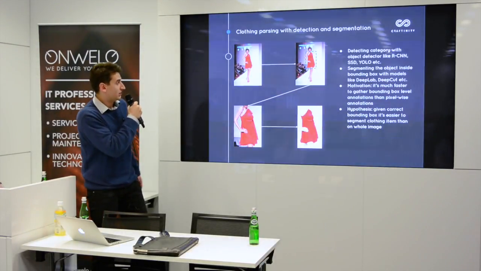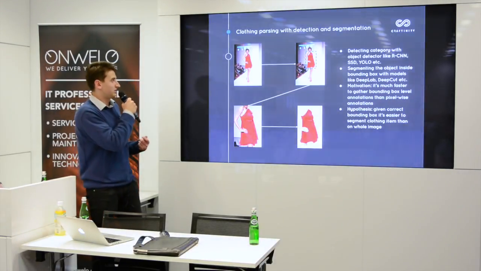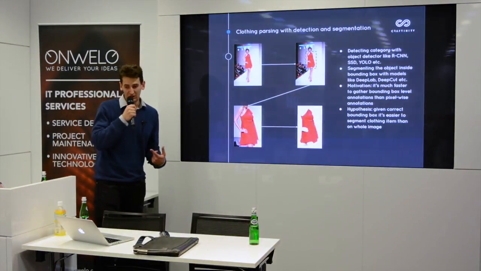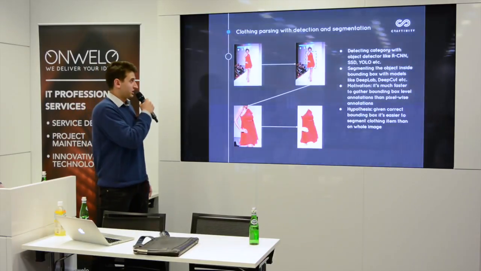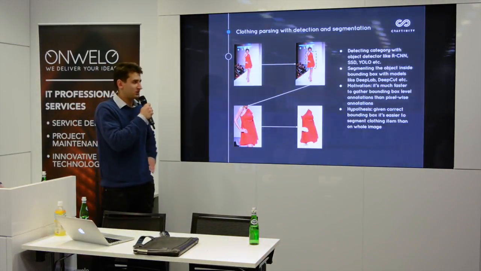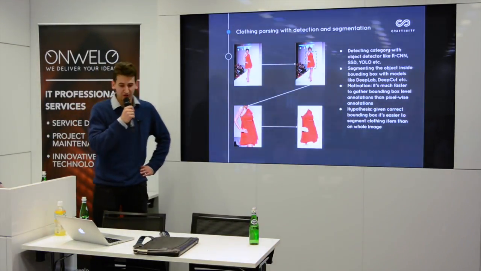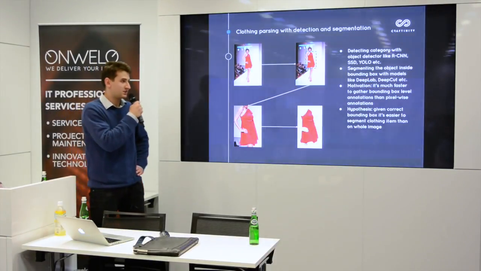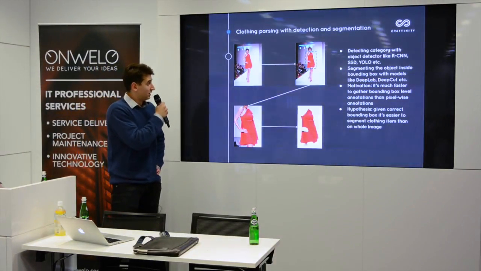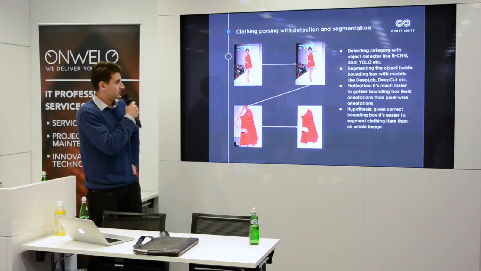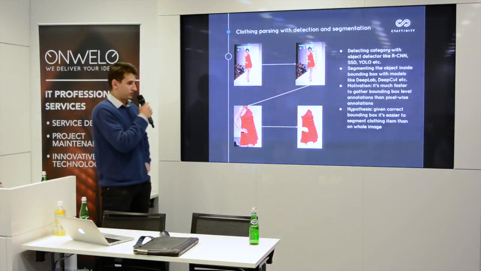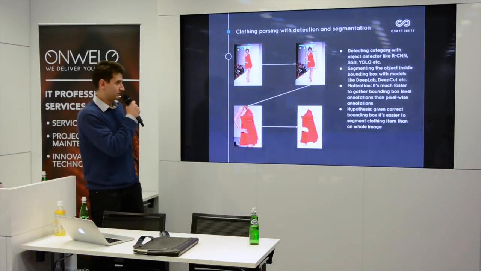So our small pipeline here is as follows. First, we have the detector, which detects the bounding box of the object. We can apply any detector like Faster RCNN, SSD, YOLO, and later, as I said, we do the foreground-background extraction.